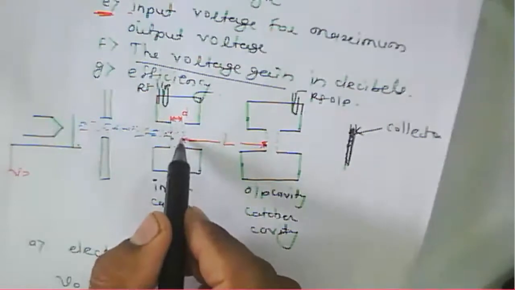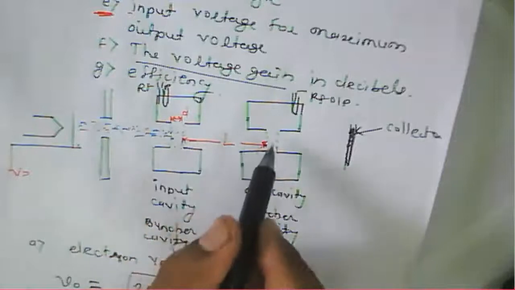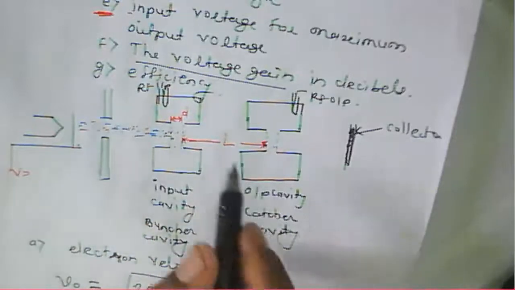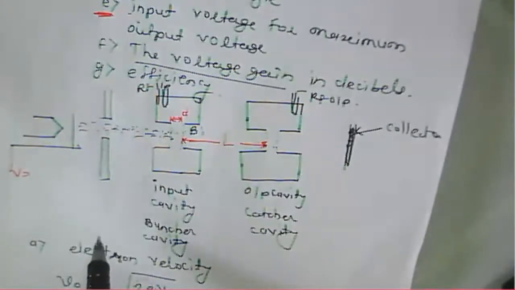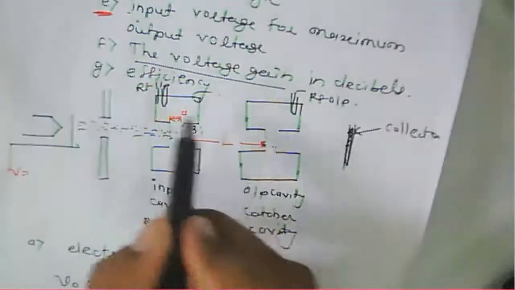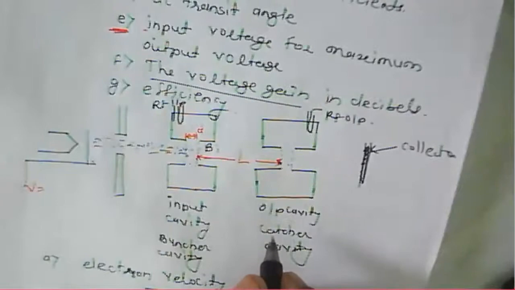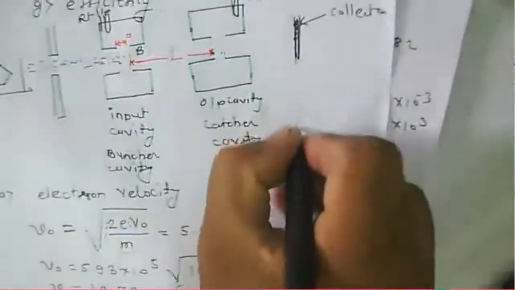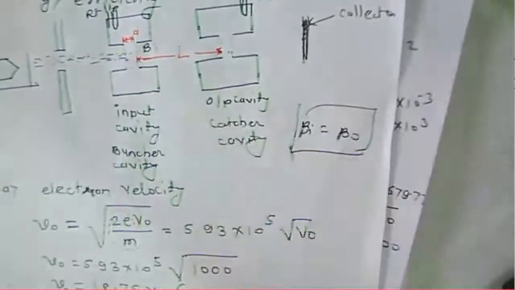Bunch formation takes place, and then the bunches propagate from the input cavity to the output cavity. That is why the beam coupling coefficient written here is for the input cavity. Since these two cavities are identical, Bi is equal to Bo, the input and output beam coupling coefficients.